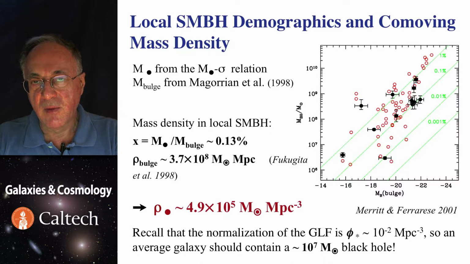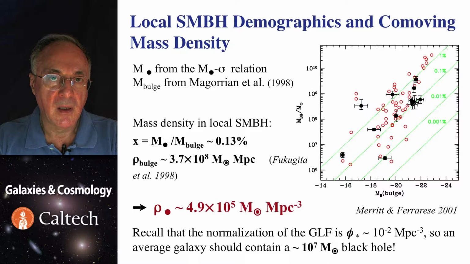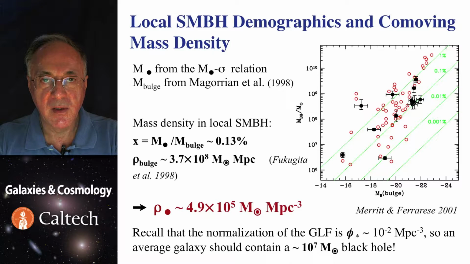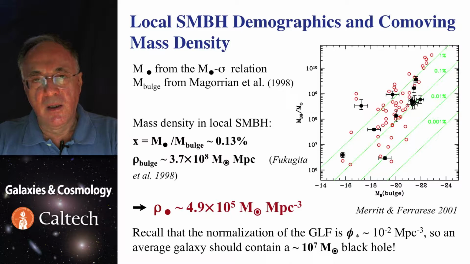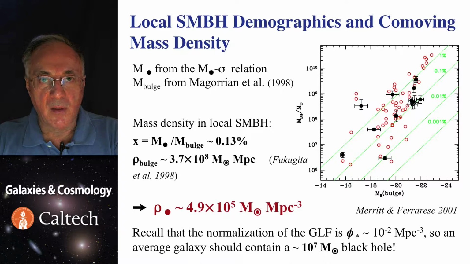And if we do this, we find out that on average, you expect that a typical luminous galaxy today would have about a 10 million solar mass black hole in its core. And the Milky Way has a 3 or 4 million solar mass one, so that's perfectly sensible. The Andromeda one is maybe a little more massive.